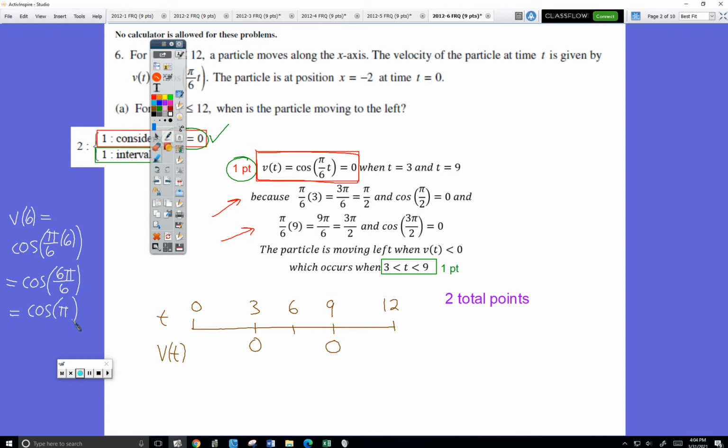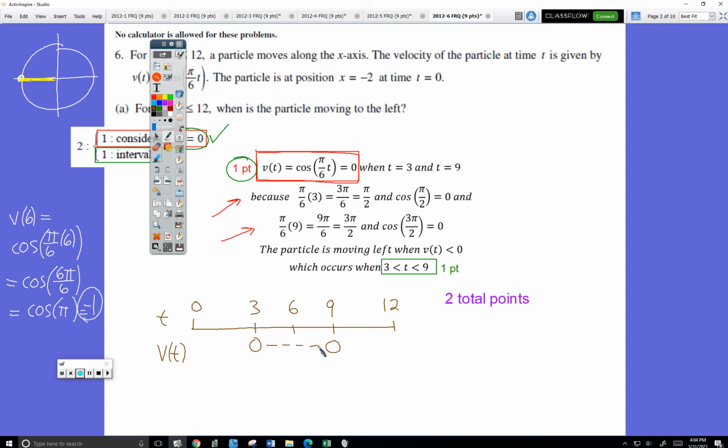On the unit circle, pi is right here. Cosine means we're going across, so we'd be going to the left. Going to the left by 1 means the value down here is definitely -1. So that means over here on my sign chart, for all of these times, the velocity will be negative. That's when the particle's moving left.